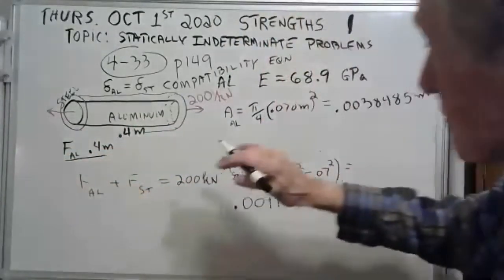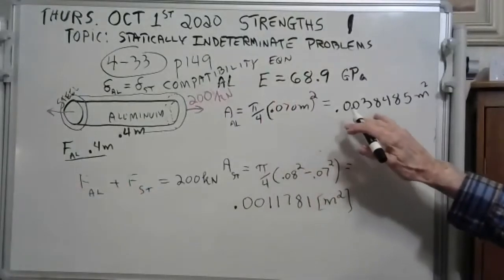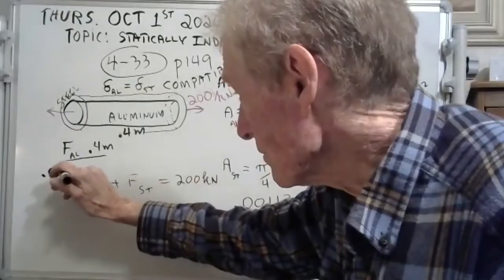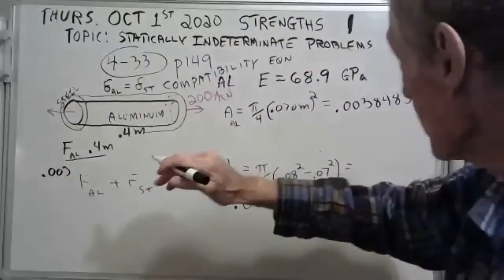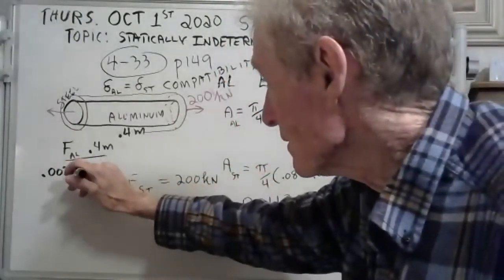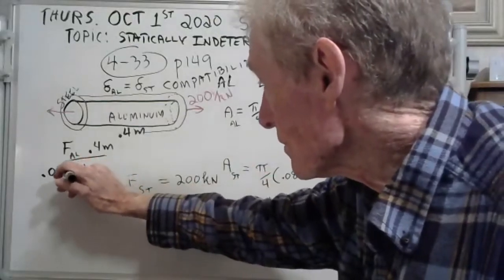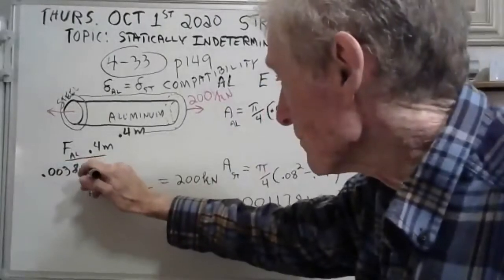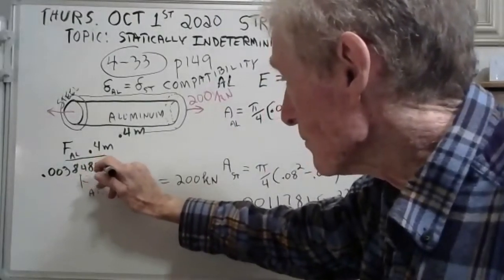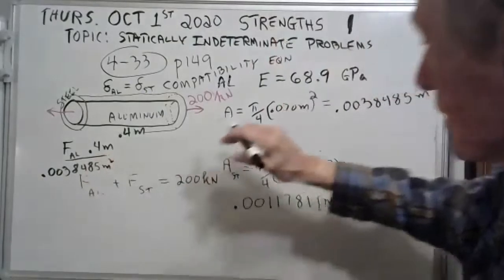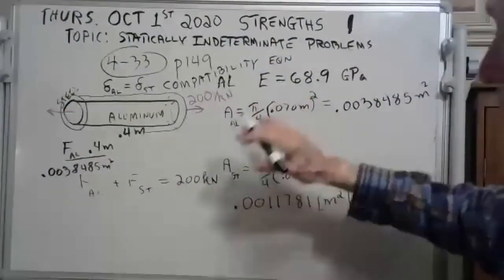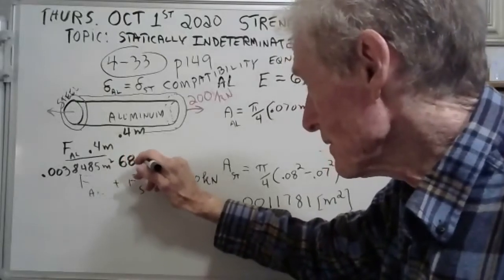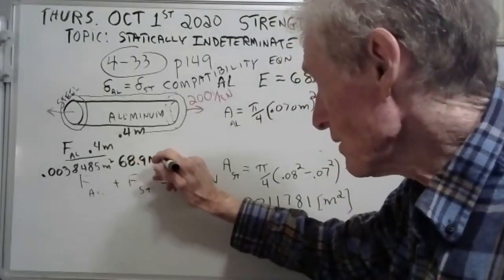And then the area of the aluminum is 0.00 blah, blah, blah. Let me write that down. 0.03845 meters squared. And the modulus of elasticity for aluminum is 68.9 megapascal.